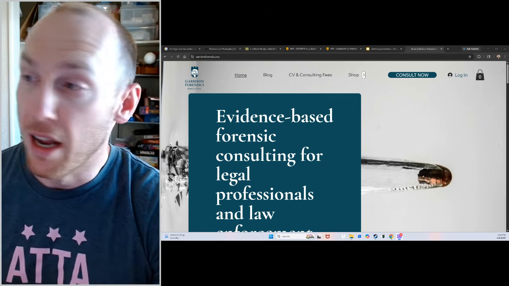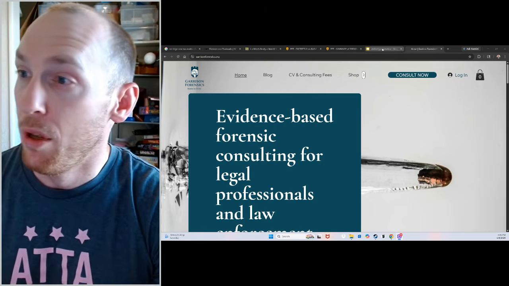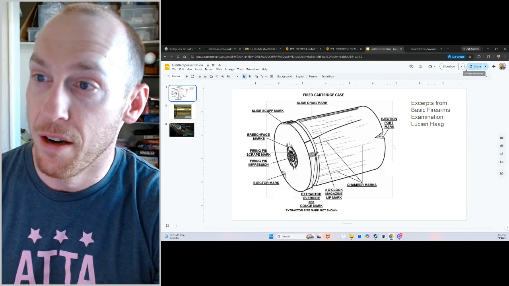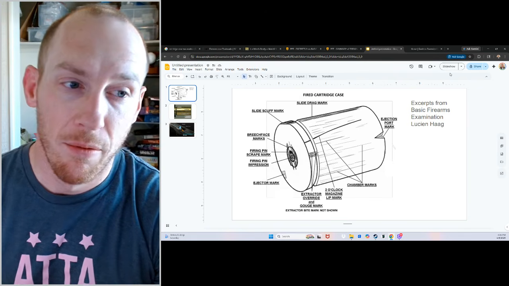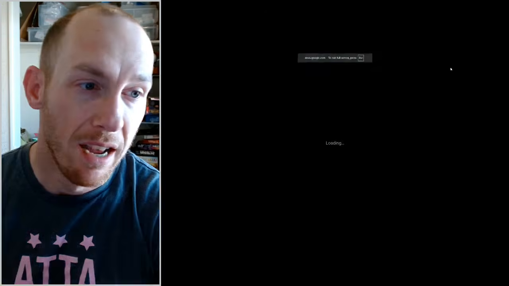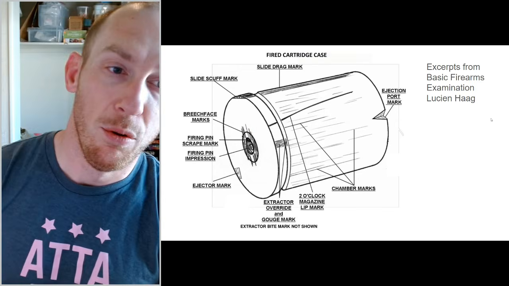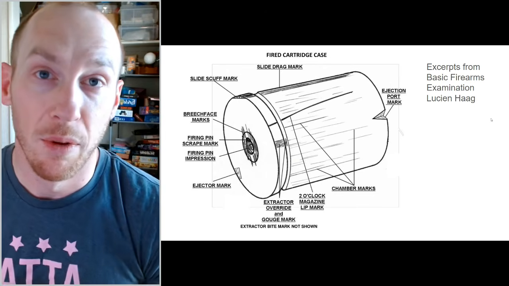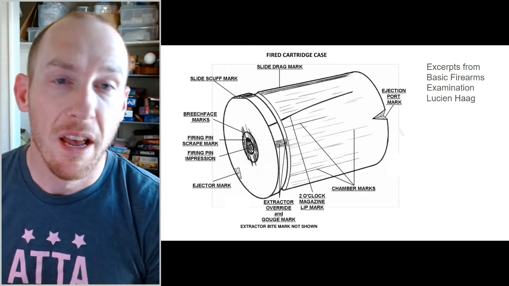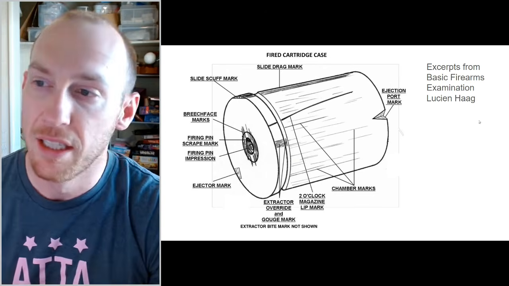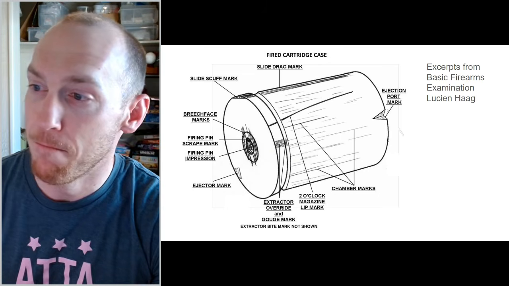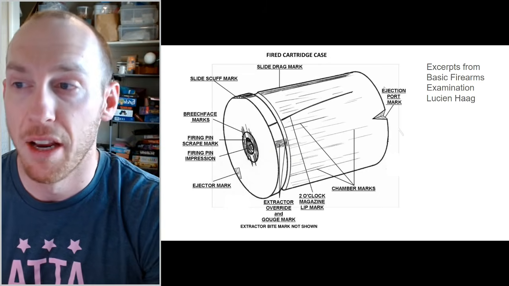Now moving on, I put together a little presentation on this slide here, just to highlight some of the terminology that you might end up seeing or hearing if you are listening to a firearms examiner give some testimony. This is an illustration that is used in a lot of different places.